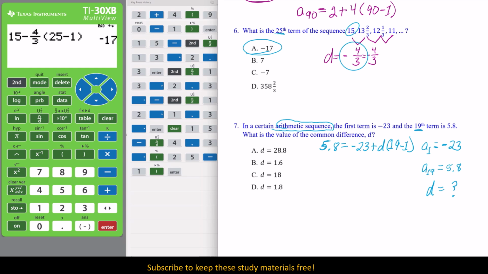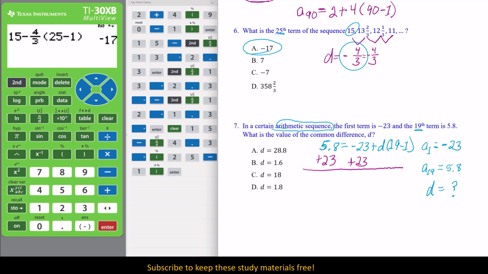The first thing I would do is I would say plus 23 on both sides. So now I'm going to write this out so it makes sense and you'll see what I'm up to.